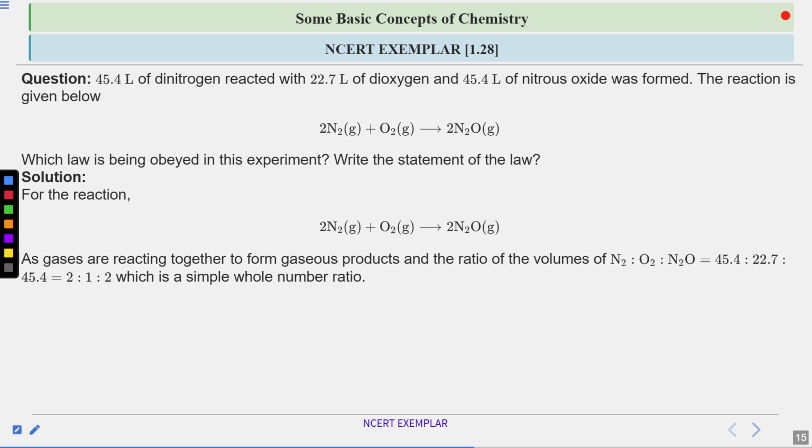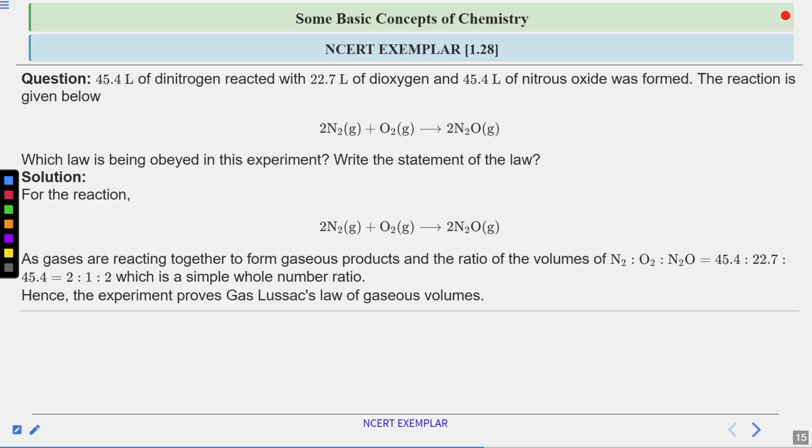In this, you can see that the reacting ratio, according to the given equation, is 2:1:2, which is 45.4:22.7:45.4. So this is a simple whole number ratio. Now, what is the law that decides this ratio? It is your Gay-Lussac's law of gaseous volume.